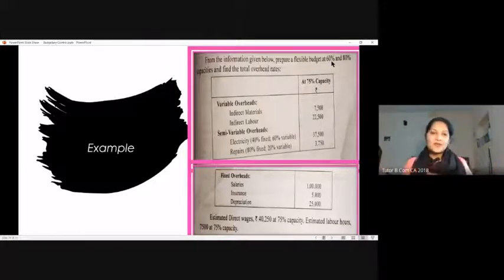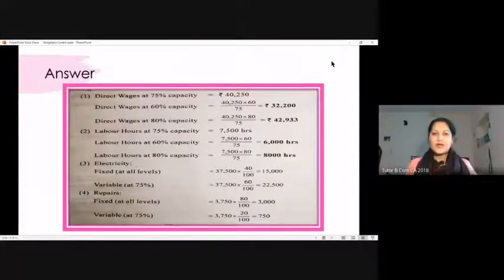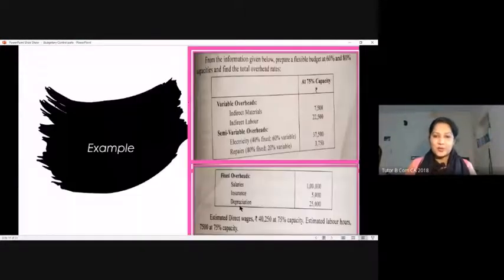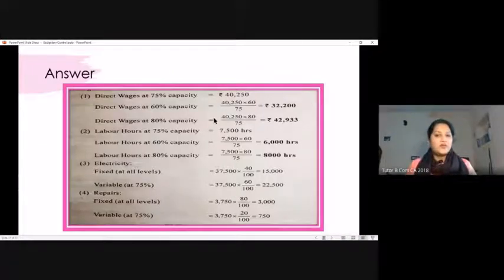Yes, we are given direct wages at 75% capacity. That's already there in the question, 40,250. Now you know that that is for 75%. So things are very easy for us. What we will do is, what is the per unit cost for 75% capacity?